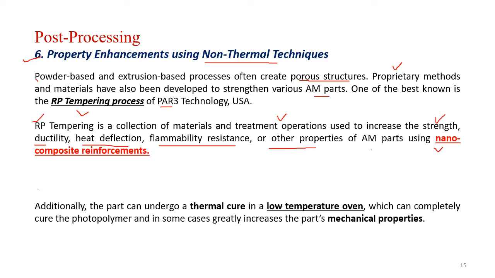Additionally, the part can also undergo some thermal curing in a low temperature oven, which will completely cure the incompletely cured photopolymers, which need to be cured using some additional heat. In some cases, by using this technique, we can increase the mechanical properties of these products.